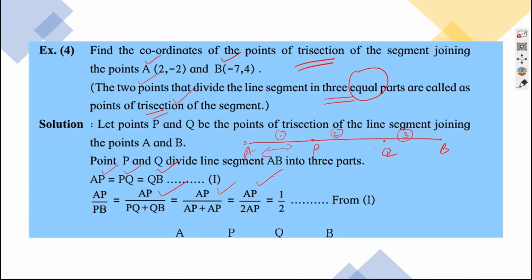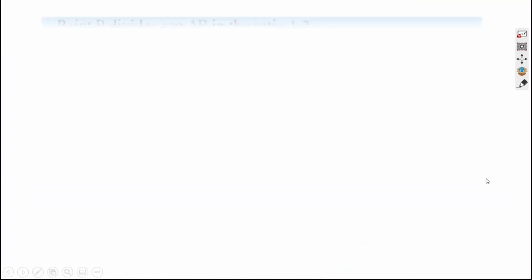It's very clear. AP upon PB has a ratio; let us consider each part as 1 unit. The ratio of AP upon PB means 1 upon 2. Correct? So that is applicable to all the points here: AP, PQ, QB. Understood? So let us go ahead.